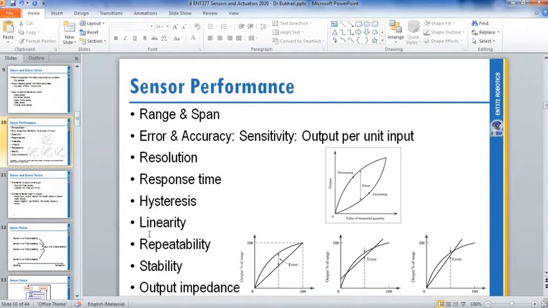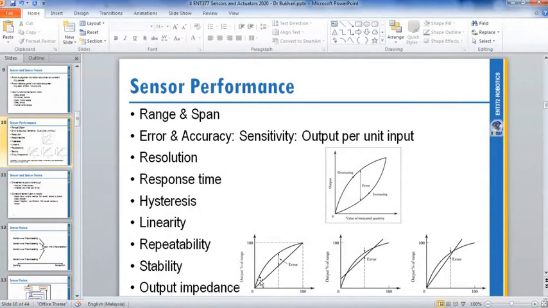Hysteresis, linearity. Linearity means something like this. A sensor or any component is non-linear. For example, if you buy any sensor, your reading of the sensor is actually something like this.